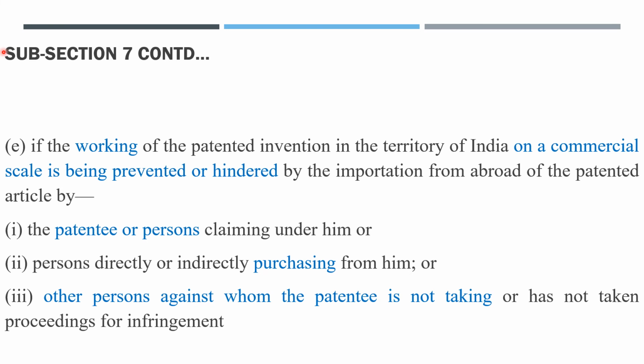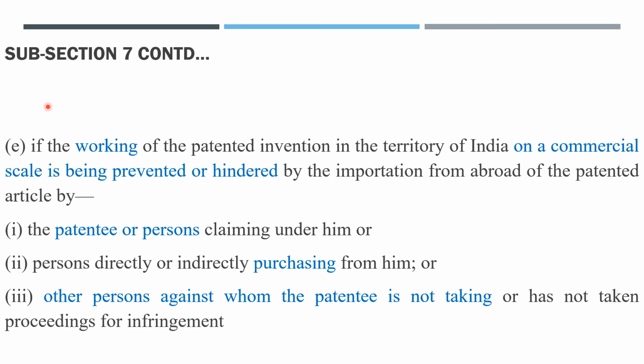Clause E can be explained as, just try to grasp it. Clause E says, it shall be deemed that the reasonable requirements of the public have not been met if the patentee, instead of working the invention in India on a commercial scale, is importing the patented product from abroad.